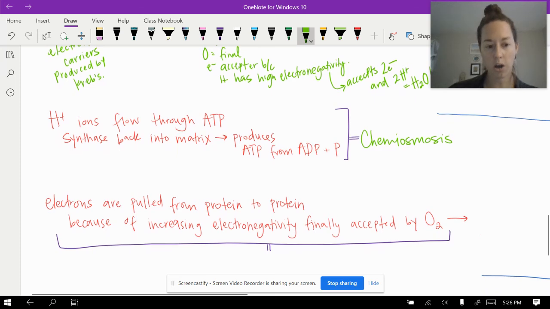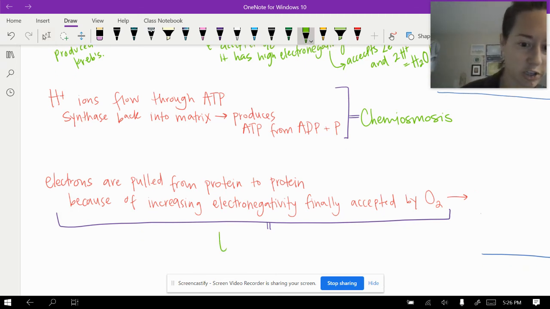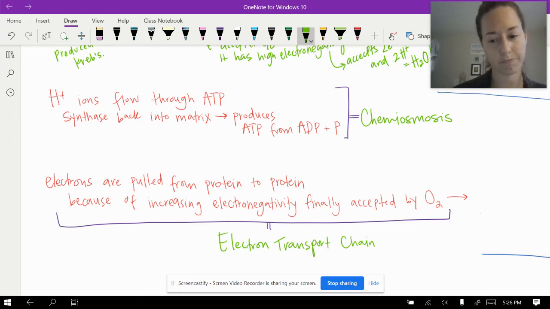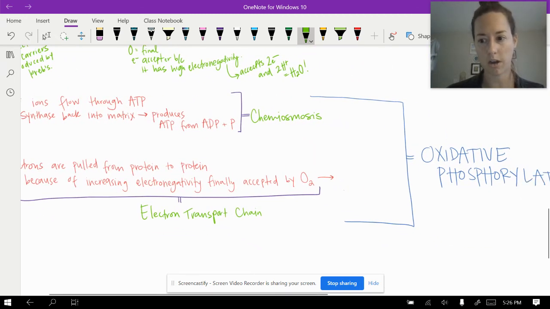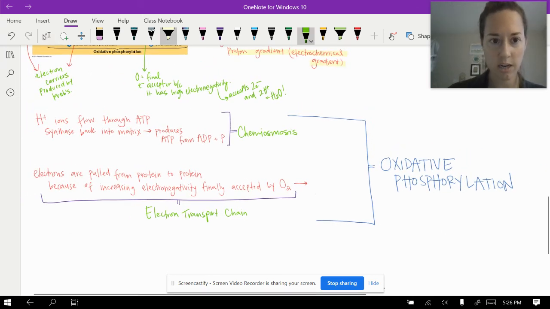And then also we have electrons being pulled from protein to protein because of the electronegativity. That is called the electron transport chain. And together, these processes are called oxidative phosphorylation, which is here.